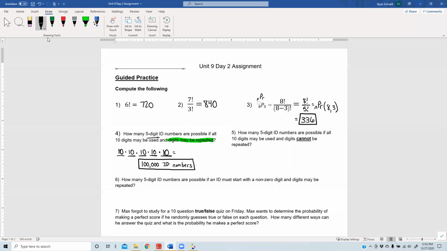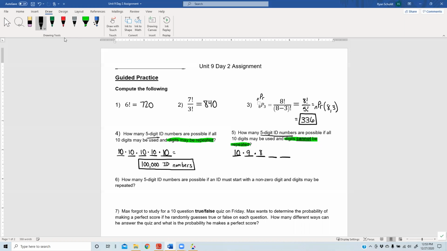But now let's see what happens if you can't repeat digits. So we're still dealing with a 5-digit ID number, but now it tells us digits cannot be repeated. So there's still 5 digits that we have to have in our ID. But now we have 10 options for the first. How many left for the second if we can't repeat? 9.